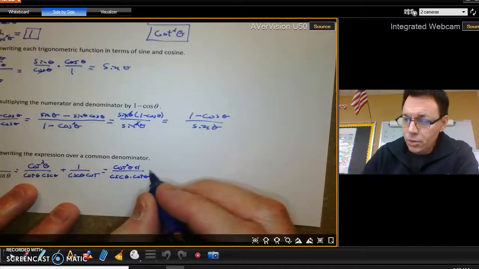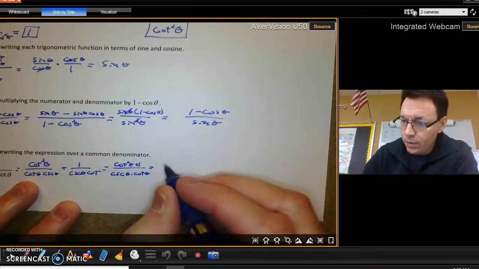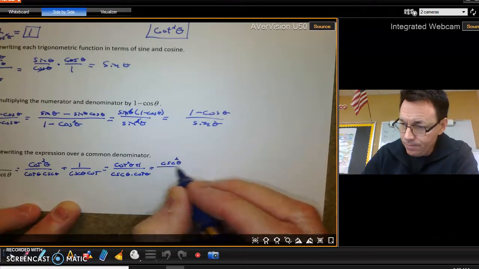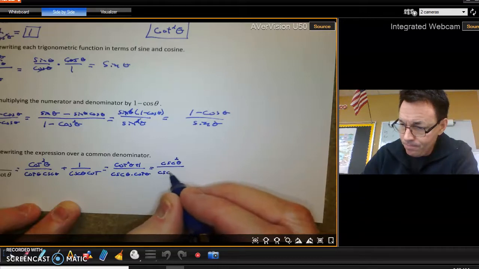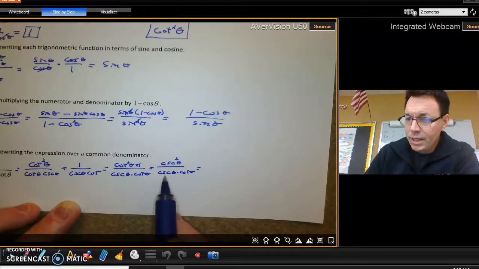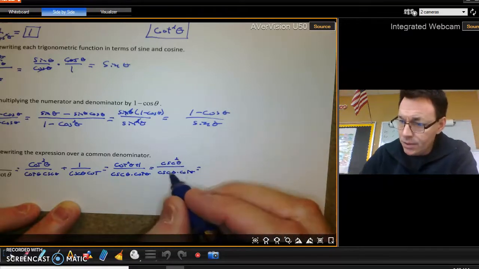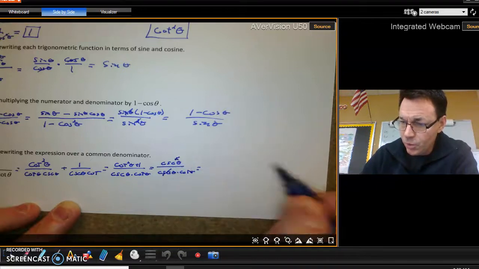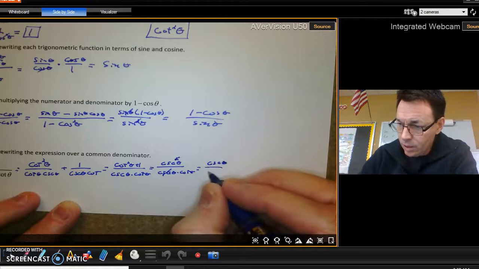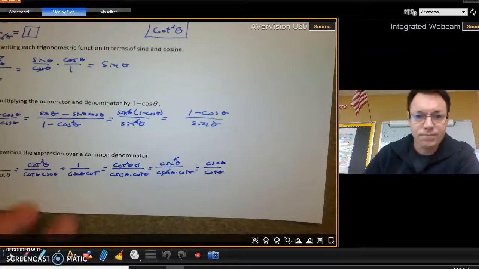Okay, so let's replace that with cosecant squared. But I have a cosecant on the bottom that's going to cancel one of those. So now this is going to cancel. This is not going to be squared anymore. And I'm going to have a cosecant over a cotangent.